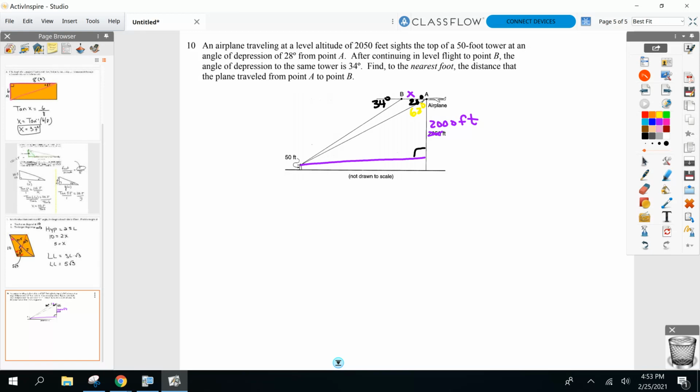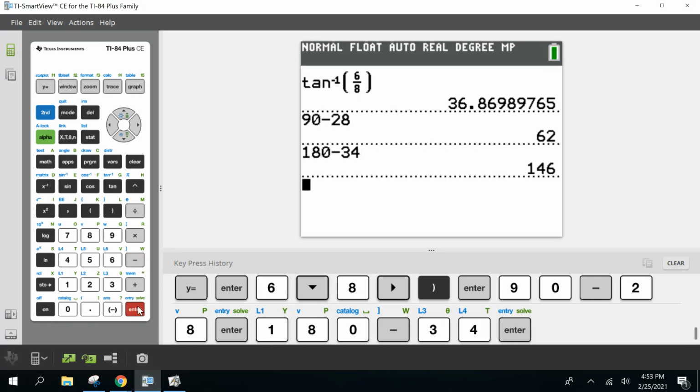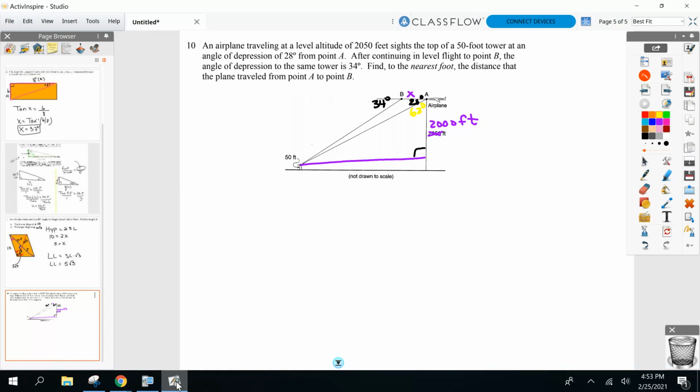Hopefully you guys see that they add up to 90. The one next to 34 is supplementary. 180 minus 34 is 146. So this angle right there is 146, which would make the third angle in that triangle. Let's see, 146 and 28.